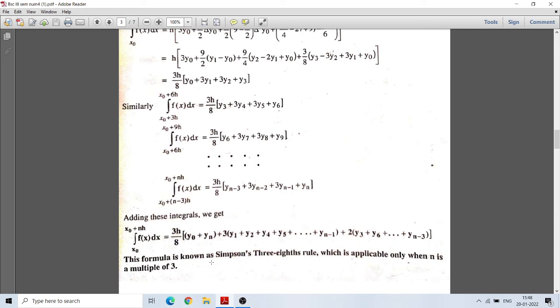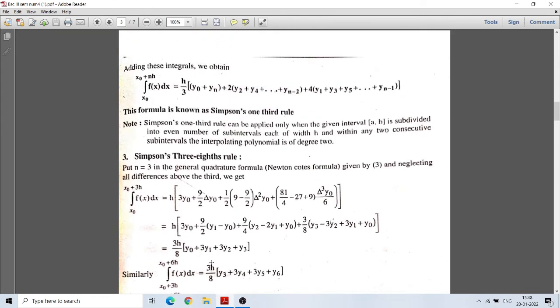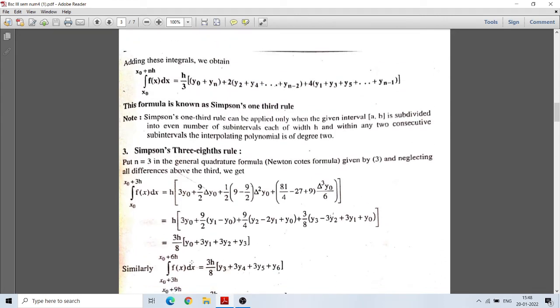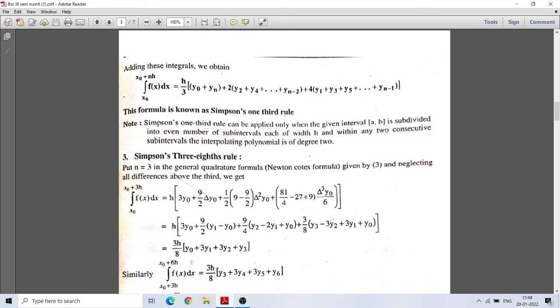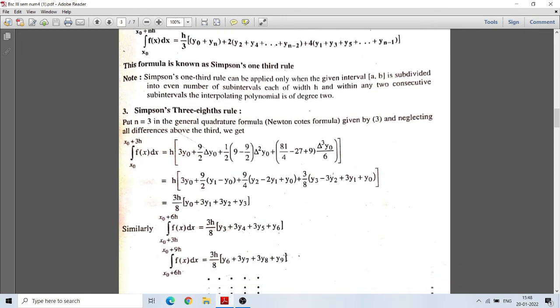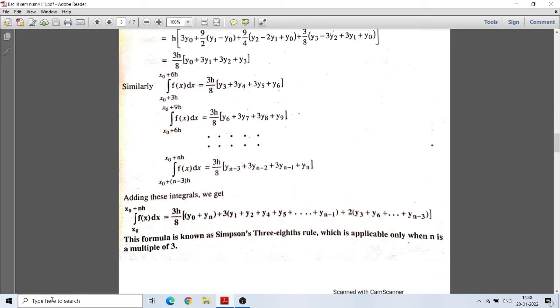Now here we know the trapezoidal rule formula, the Simpson 1/3 formula, and look here, these are all the important formulas. Now this is known as 3h by 8 into y0 plus yn plus 3 times of y1 plus y2 and so on, yn minus 1, plus 2 times of y3 plus y6 and so on, yn minus 3.